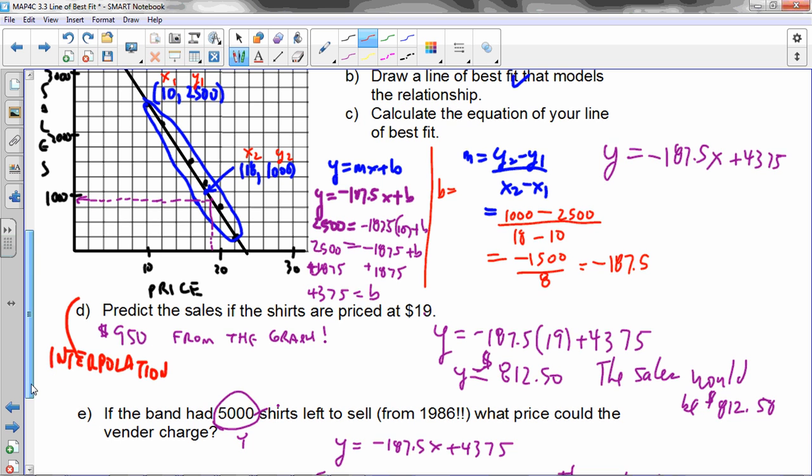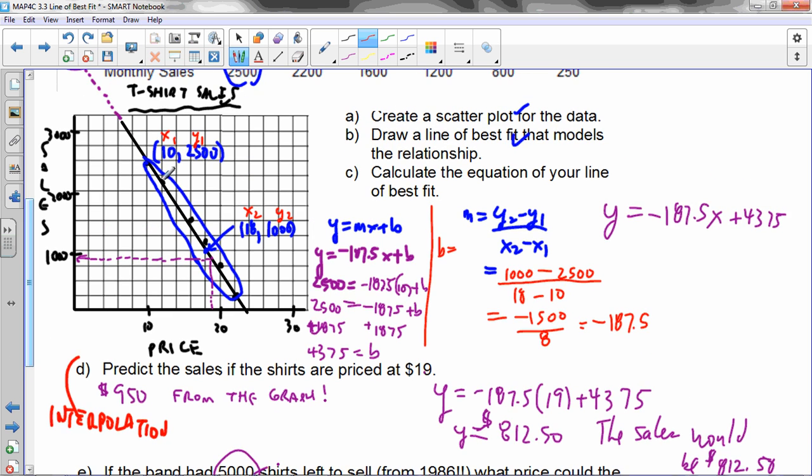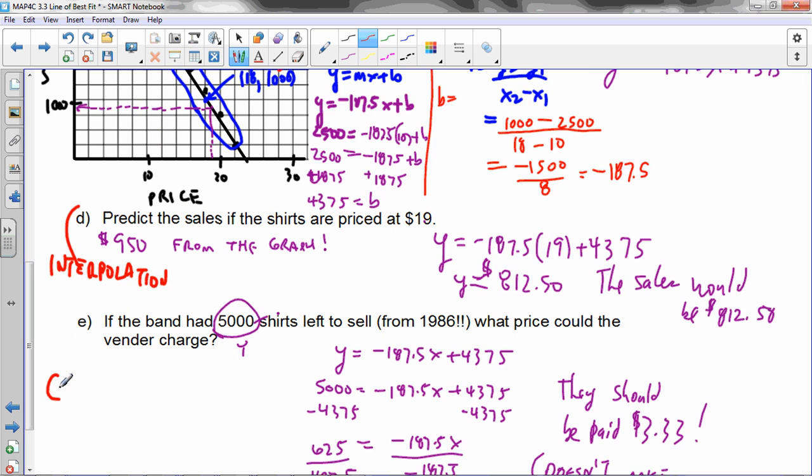For E, this one that was beyond the given points was extrapolation. And it didn't make sense. But not always will that be the case, right? A lot of times with extrapolation, for instance, we want to look at what the trend might be a few years into the future, right? And extrapolation would completely make sense.